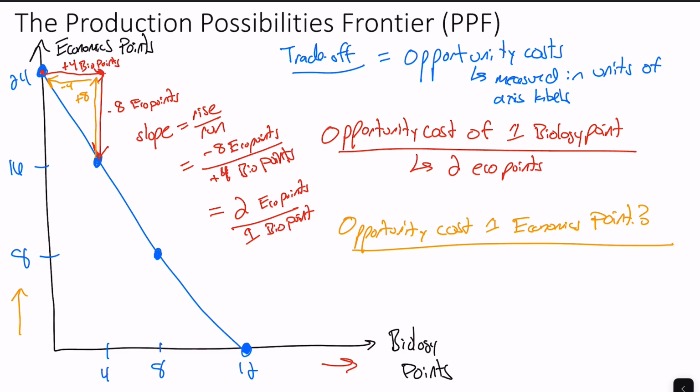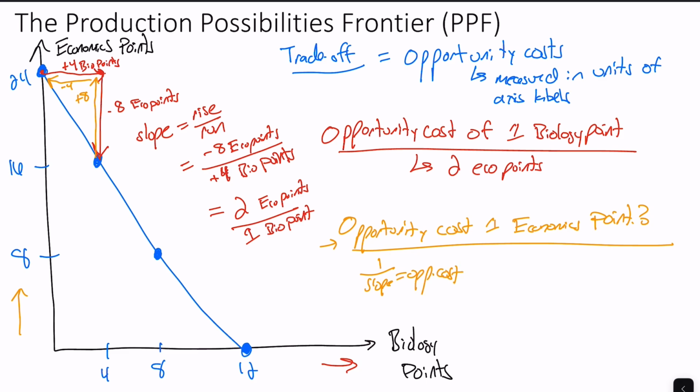So this would be, if we put it into the same equation here, rise over run, we'd still get 2 for that, but we're going the opposite direction. Right? So all we have to do here is basically take the reciprocal of the slope. So if you want the y good, which is going to be economics points for this one, we just take 1 over slope equals your opportunity cost. Okay. All right.